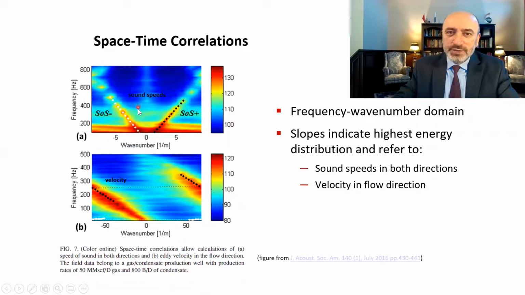Now, in the case of sound waves, we have two of these inclined lines because the sound moves in both directions, upwards and downwards. In the case of flow, we only have one slope because the flow is unidirectional. The wellbore fluids are moving towards the wellhead.